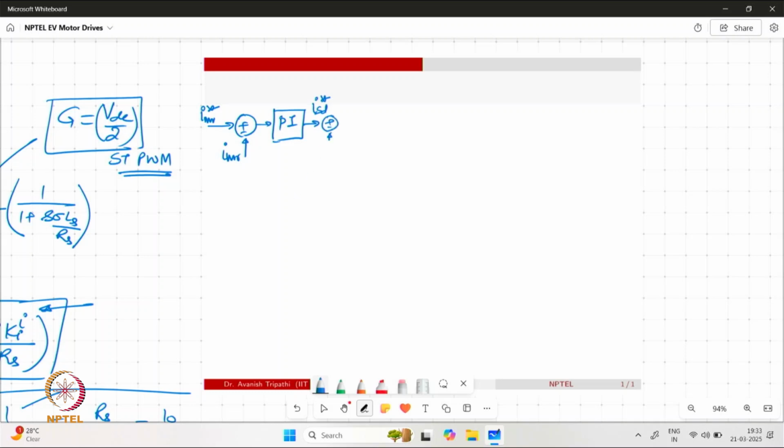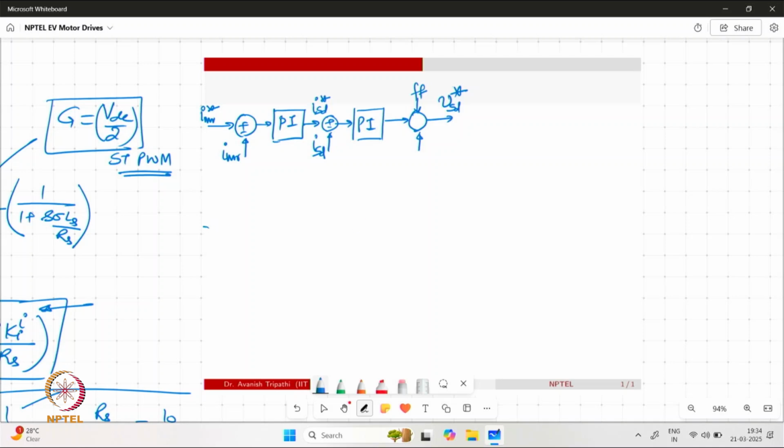We have the comparison of ISD and ISD reference, and the error is once again fed to the PI controller, and it generates the reference which is corrected with respect to the feed forward, and the command for D-axis voltage is generated at this point. So this is the phenomena which is happening within the controller.